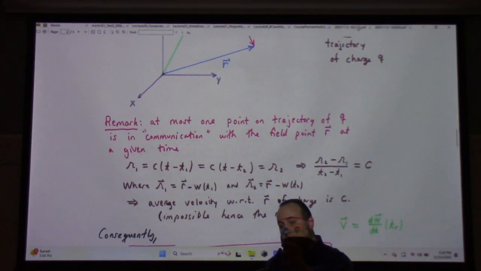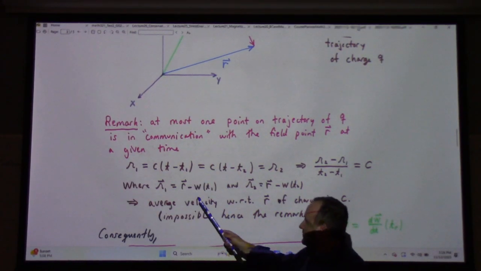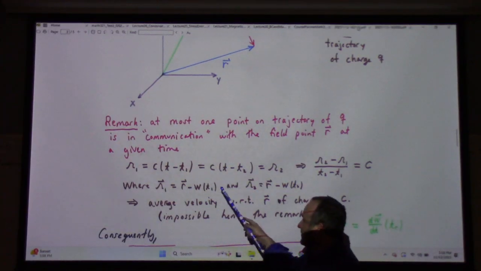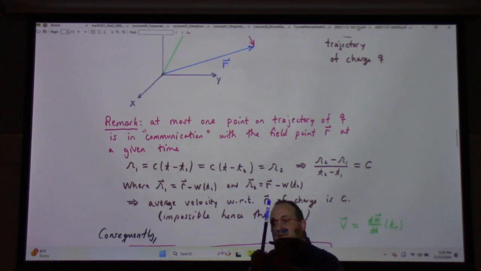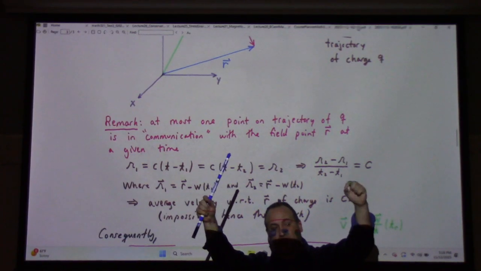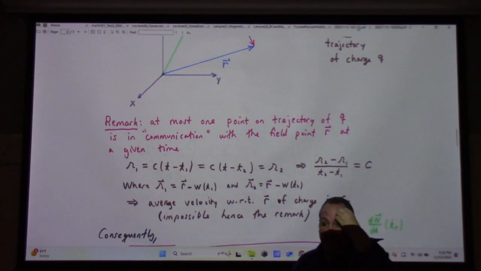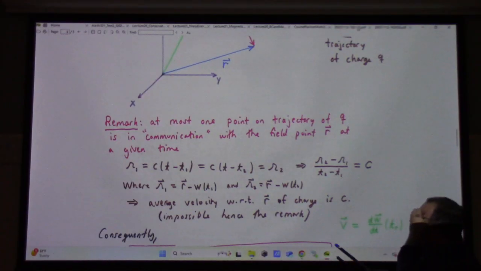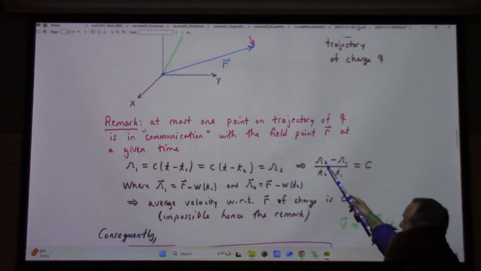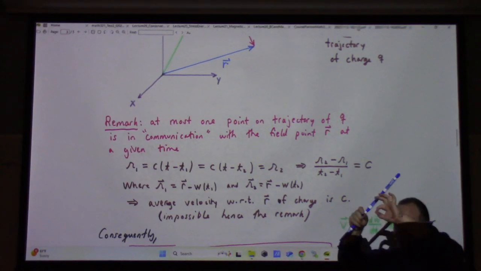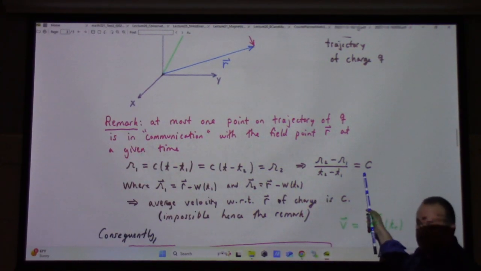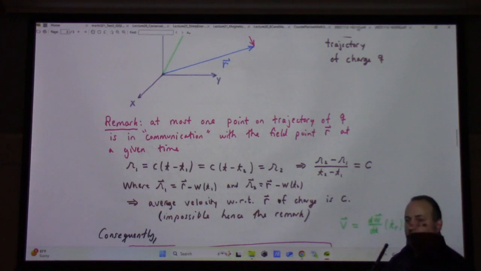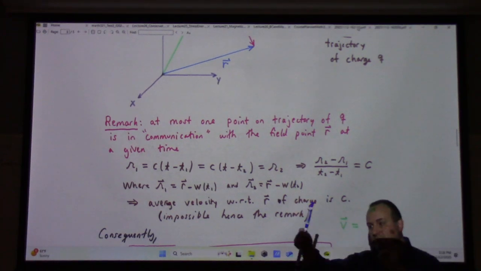So R1 and R2 are both measured with respect to the same field point. If you solve this for the average velocity between those two points on the trajectory, you get that the average velocity is c, which is impossible. No charge can move at the speed of light.